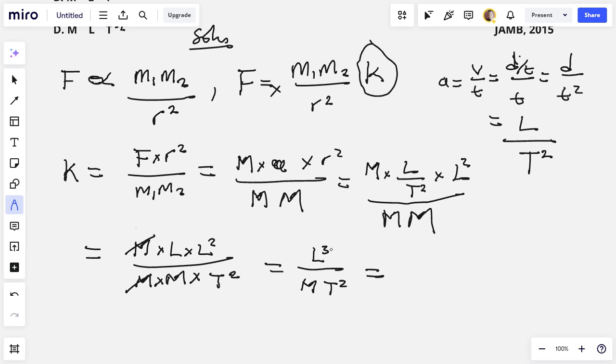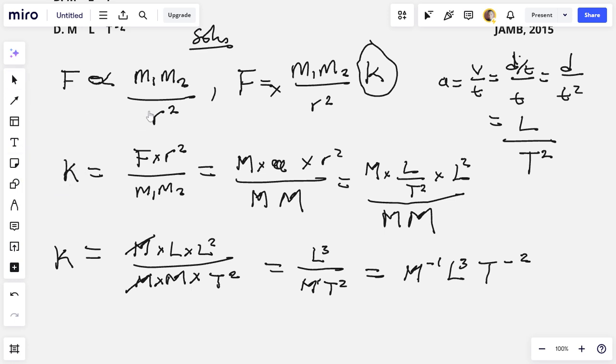If you take everything to the numerator, M raised to the power of 1 becomes M raised to the power minus 1. L remains L raised to the power of 3. And T becomes T raised to the power minus 2. So the dimensional unit for the universal gravitational constant is M to the power minus 1, L to the power 3, T to the power minus 2.